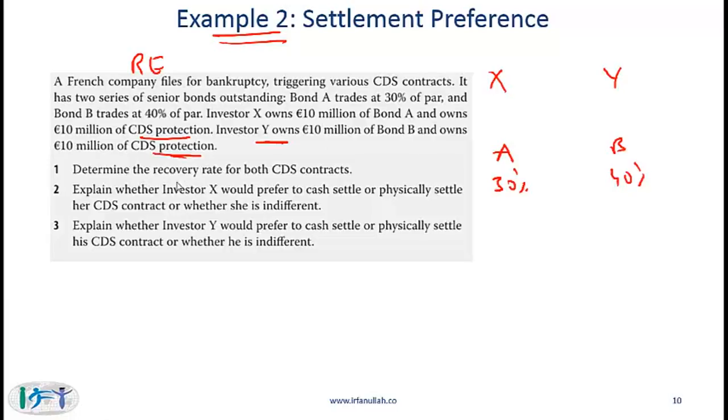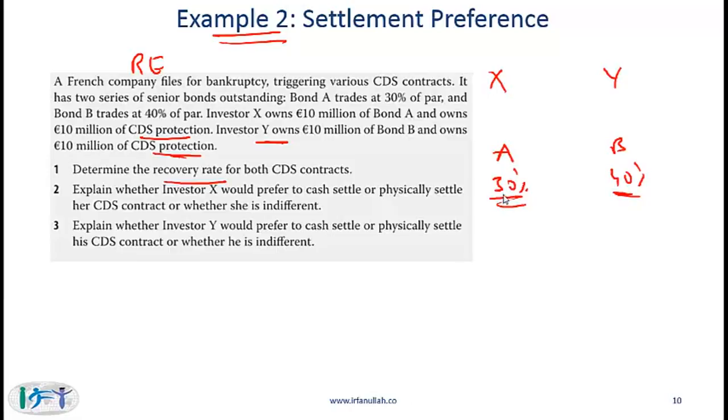Determine the recovery rate for both CDS contracts. Now this illustrates the point of cheapest to deliver. The two bonds are trading at different prices. From a delivery perspective, since A is trading at 30% of par, the implication is that 30% will be recovered.